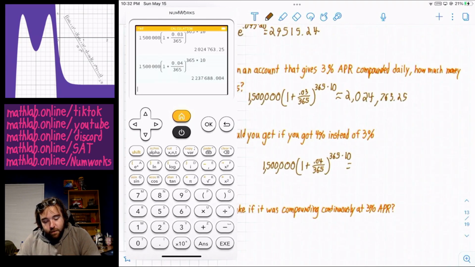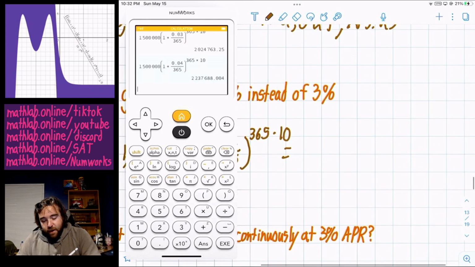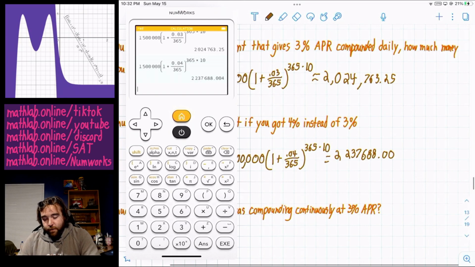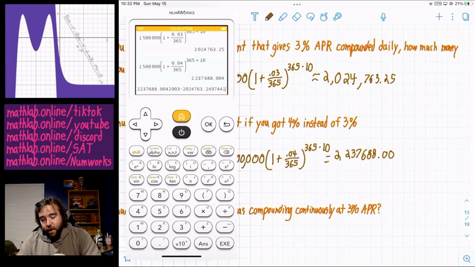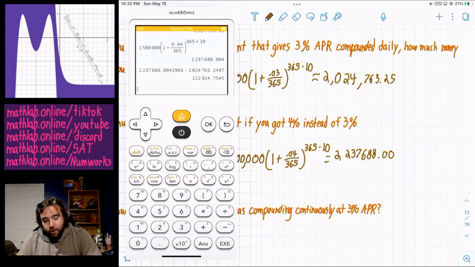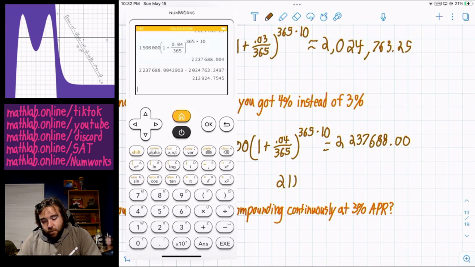How much more money would you get? So we'll do that. It's 2,237,688.90. And then we're going to subtract those. So we want to do that minus that. And that's 212,924.75.